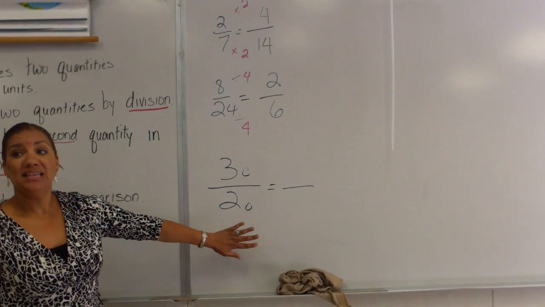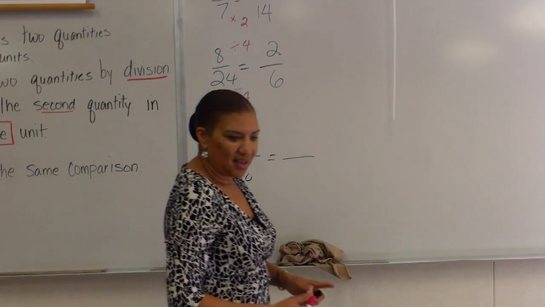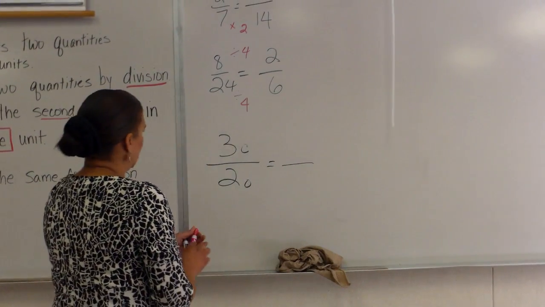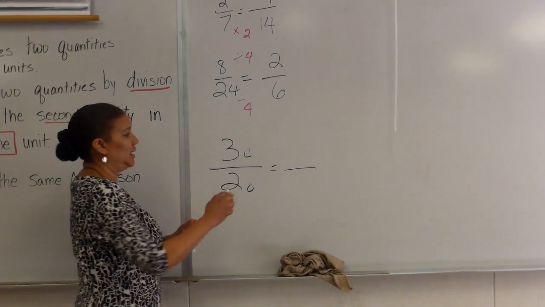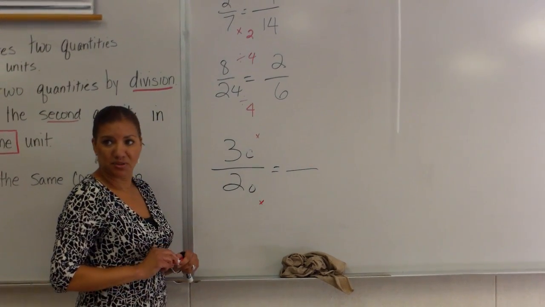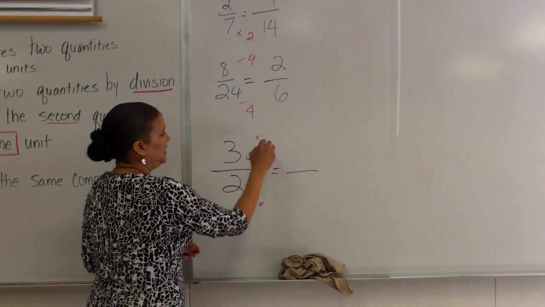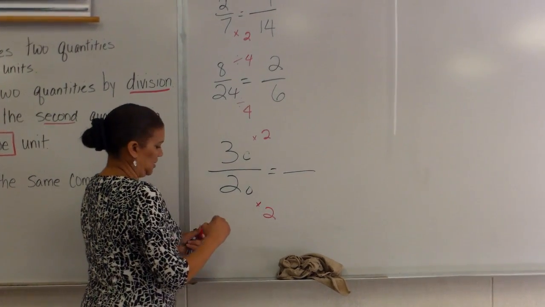Now I need to find the equivalent ratio. So let's multiply this by 2. I have to multiply the top term by the same number as the bottom term. 3 times 2, 2 times 2.